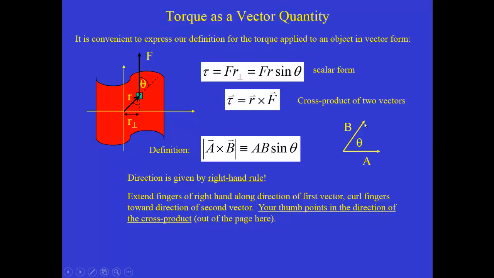And so rather than say that the vector torque is counterclockwise, we say that the vector torque is out of the page, and that's consistent with a curling of the fingers of the right hand in the counterclockwise direction. So this is particularly helpful if we are given r and F in component notation, because it's relatively easy to work out the cross products of the i components and the j components that make up those two vectors.